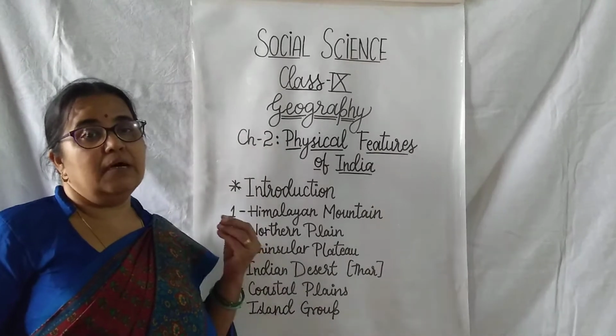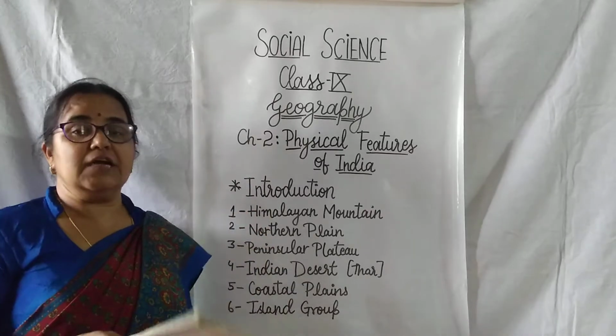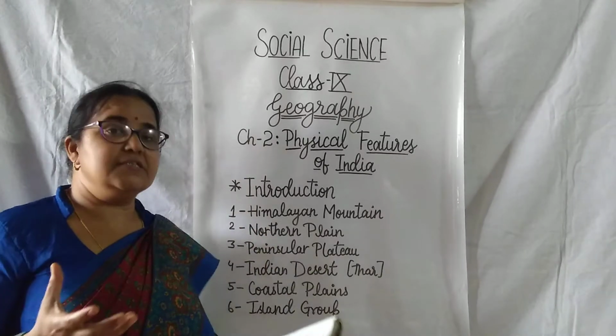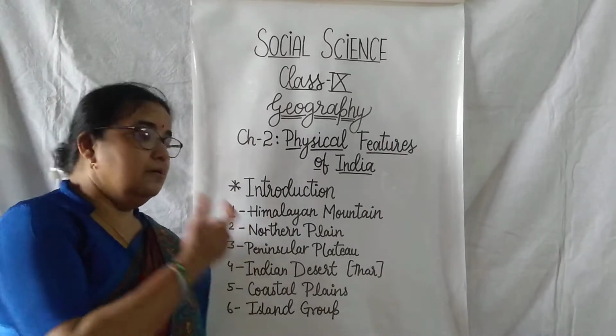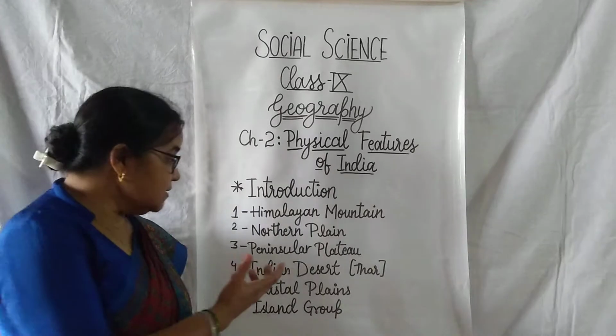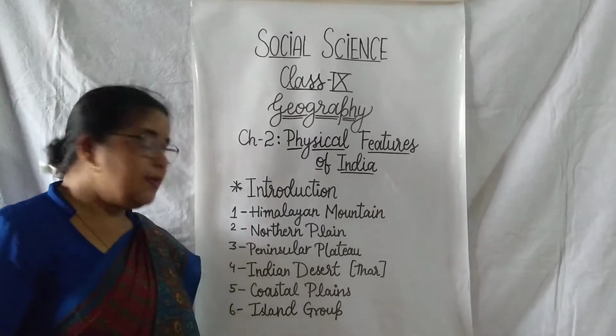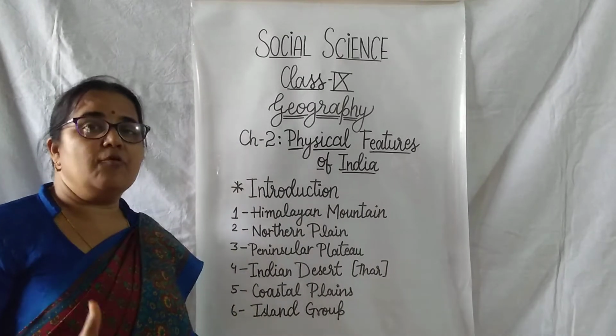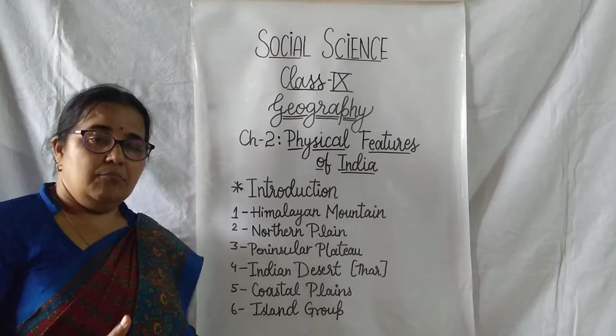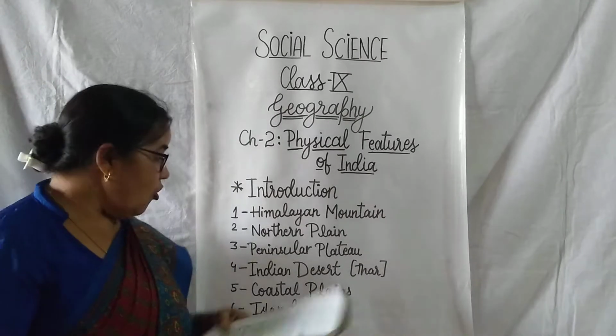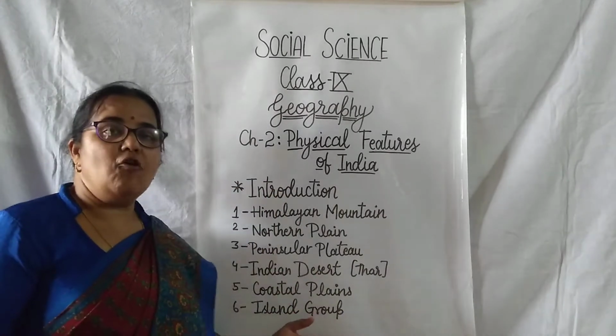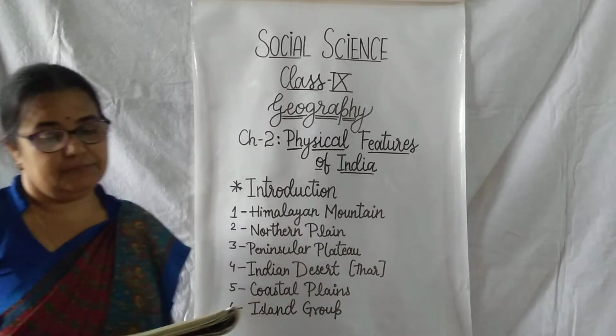For example, Arabian countries are just desert countries. They can see only desert. They don't have any mountains, or peninsula plateaus, or this type of area. But in our country, we can see all these types of landforms which are available on the earth.